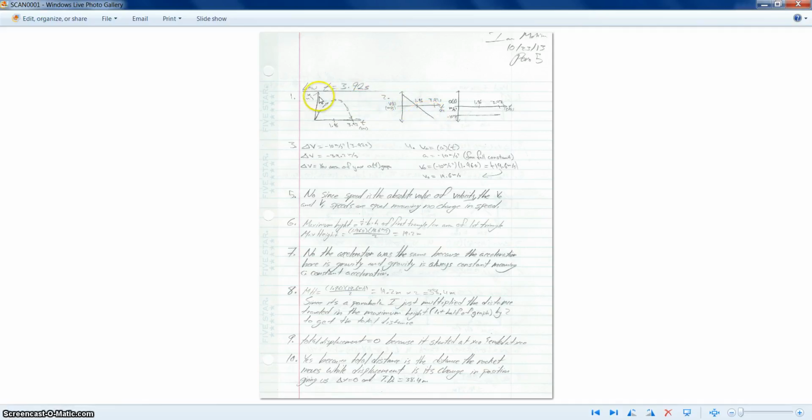Our total time for this was 3.92 seconds, which is our final time, and we figured out that halfway, at its maximum height, the time is 1.96 seconds. Since it's a parabola, the time at maximum height should be half of the total time.